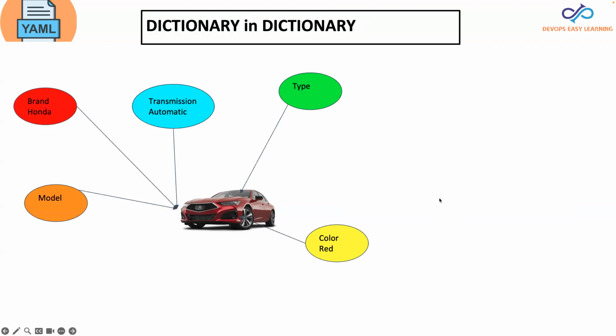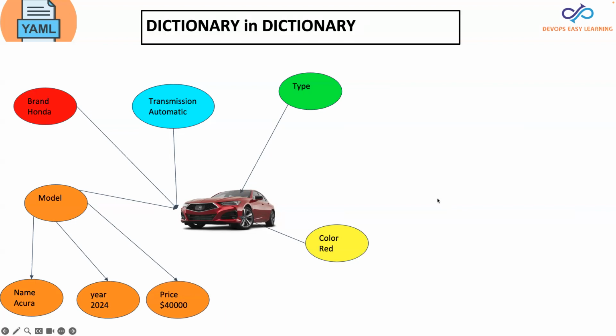Now, under the model, we can specify that the model name is Acura, that the year the car was built is 2024, and that the price of the car is 40,000. So the brand, the transmission, the color, and the model represent a dictionary, but the model also has a dictionary baked in it. So that is called a dictionary in the dictionary.